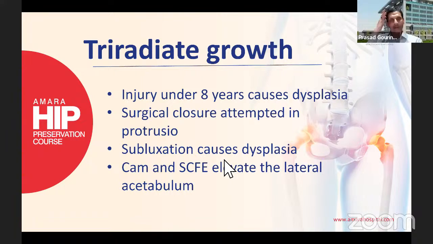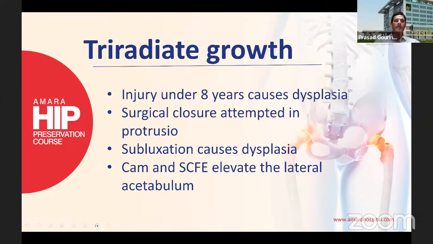Another thing to keep in mind is even after 8 years of age, with the open triradiate, the acetabulum can still deform. It may not improve, but it can still deform. A cam deformity in an older child at 10 or 12 years old, or an SCFE, can cause lateral elevation of the lateral acetabular lip and cause dysplasia of the acetabulum.